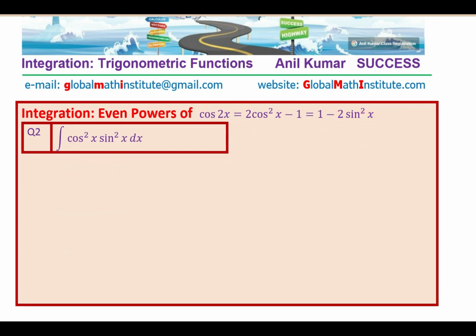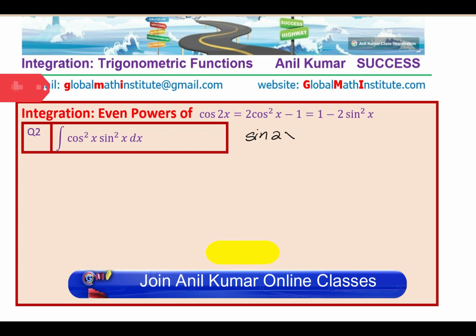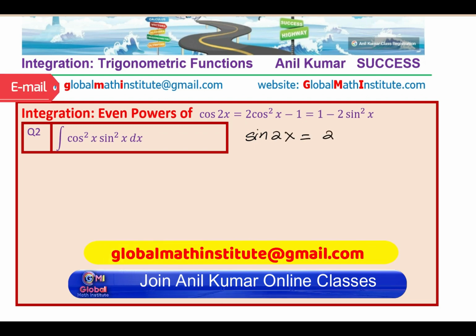Now let's take up the next question, where we need to find the integral of cos square x sine square x dx. To find this integral, we need to simplify this. Let's recall what sine of 2x equals. Well, sine of 2x is 2 sine x cos x.